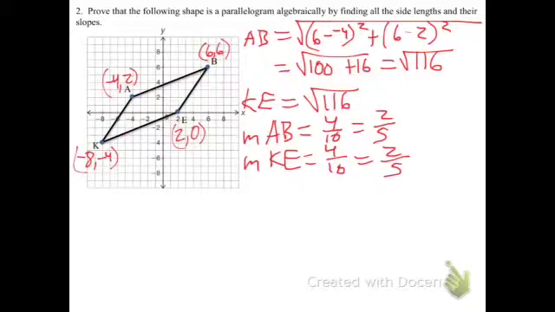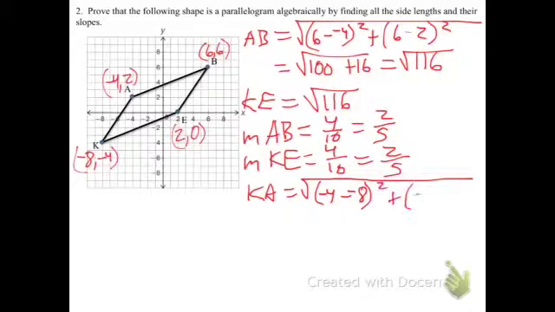So let's get KA, the distance from K to A. A is far to the right, so those coordinates there, negative 4, 2, are x2 and y2. So in our formula, you get negative 4 minus negative 8, square that, add 2 minus negative 4, square that guy.